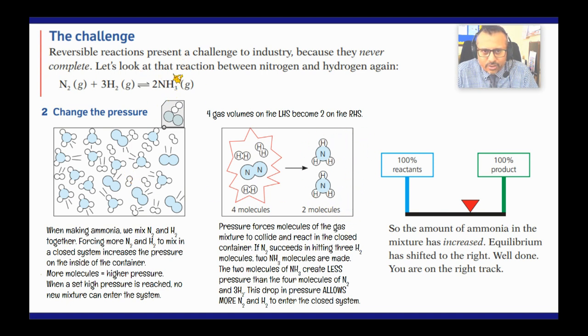And again, if you have a way of lowering the amount of product, the shift in equilibrium goes over to the right-hand side, because your forward reaction rate is higher than your reverse reaction rate. Obviously, if you're removing the ammonia, you don't have that many reverse reactions taking place. So that's basically the explanation behind that.